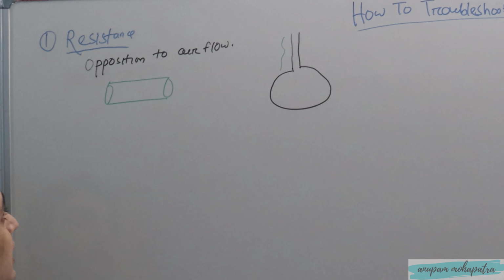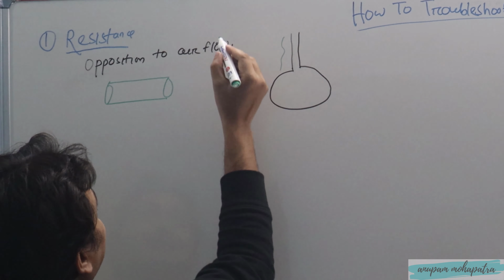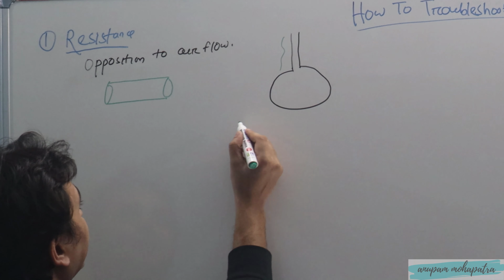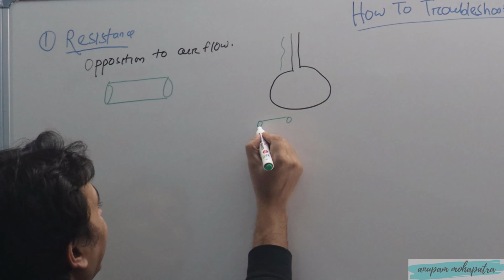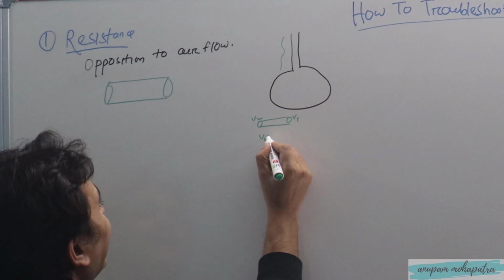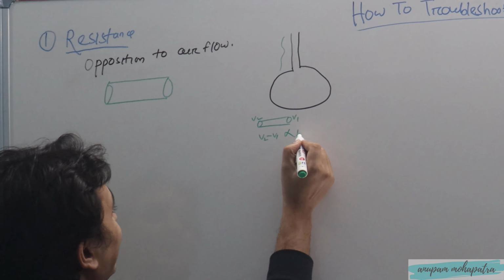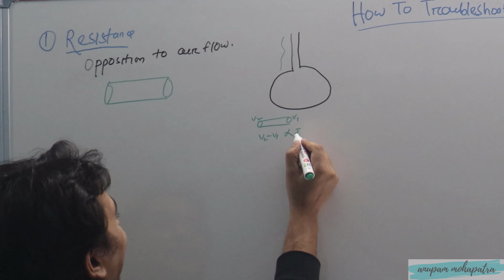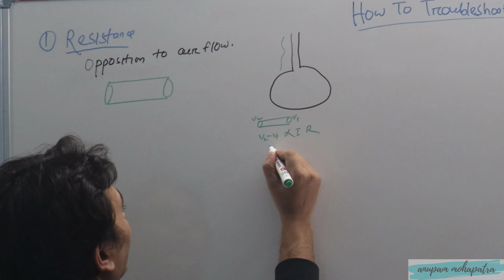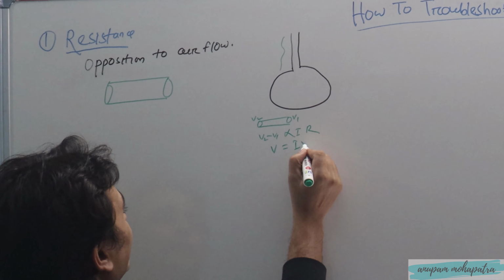What is the ohmic resistor? Ohm's law tells us that in a conducting wire, the potential difference between the two ends is directly proportional to the current flowing through it, and that proportionality factor is the resistance, or V is equal to current times resistance.